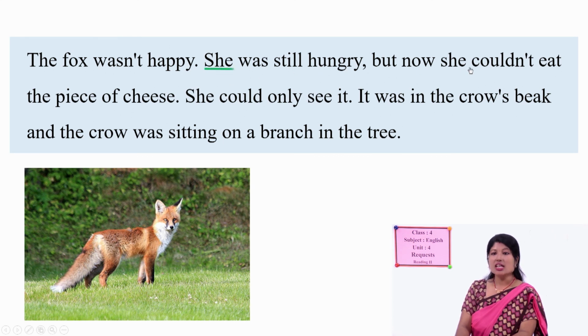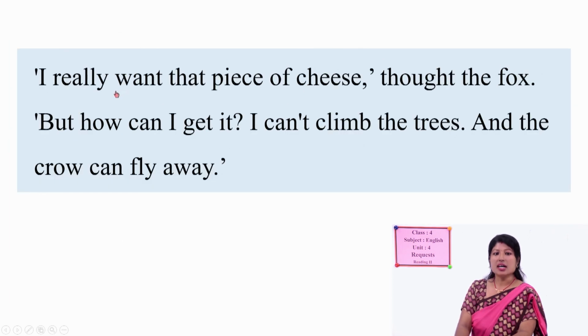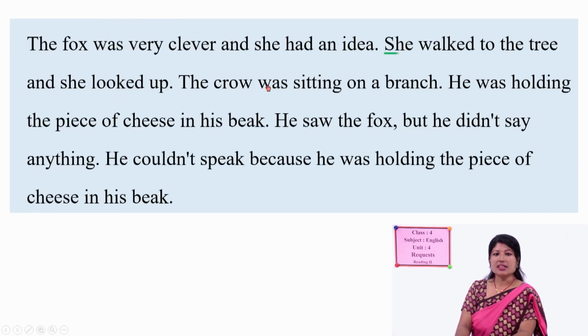She couldn't eat. She could see it only. All the she refers to the fox, right? And then here she walked to the tree. She looked up, and then he was holding the piece of cheese. This is crow, right?